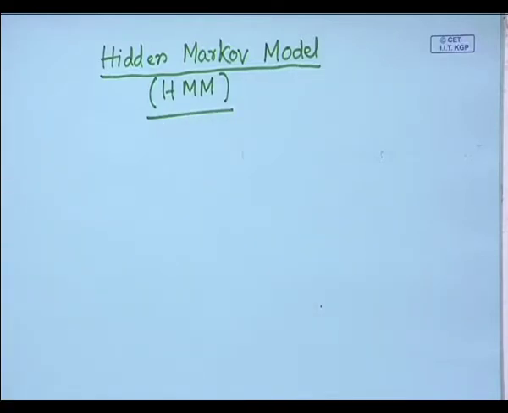So, as we said, this hidden Markov model, which is used for temporal pattern recognition, is very similar to the sequential machine or the finite state machine. That is, this hidden Markov model will have a set of states, and the machine can be in any of the states at a time instant t. Okay.